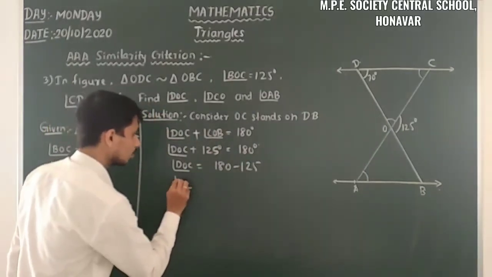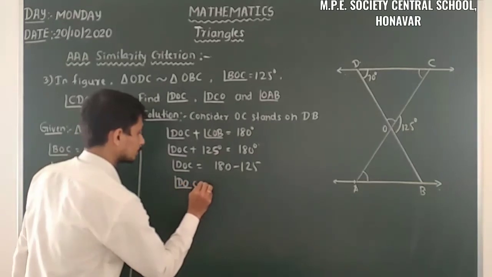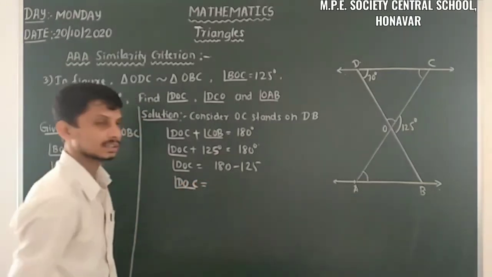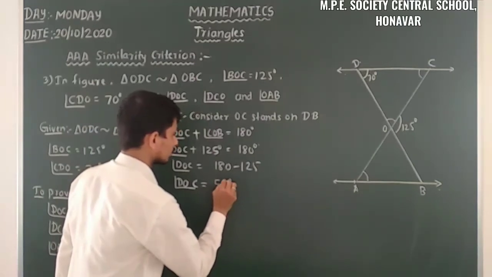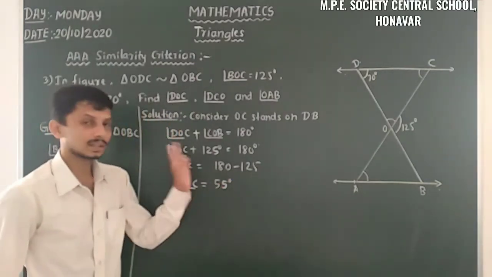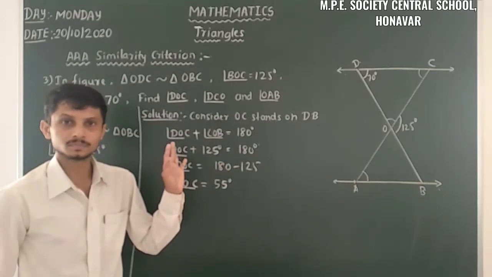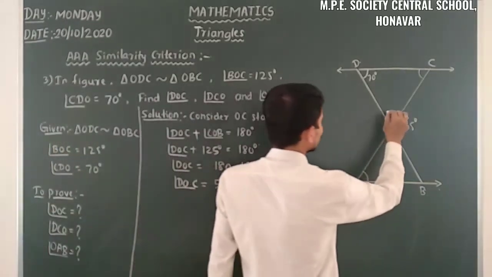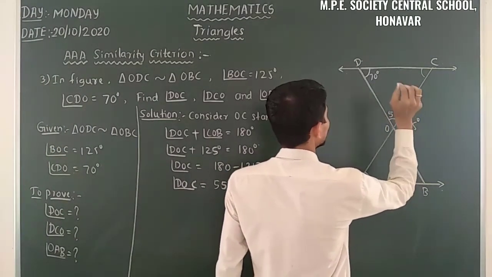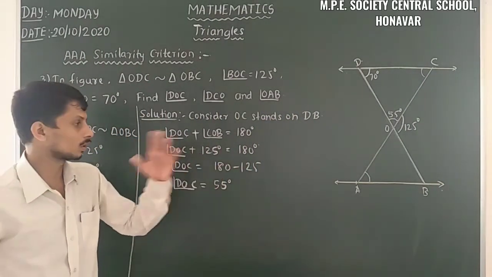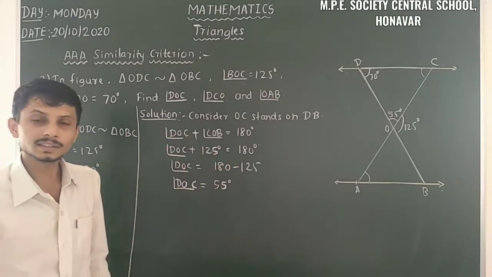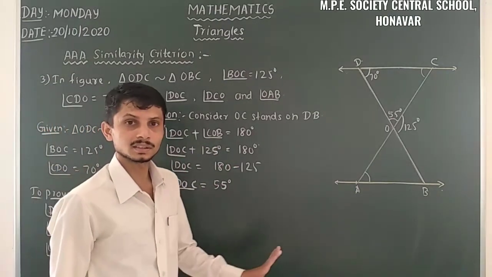Angle DOC is equal to 55 degrees. So the value is 55 degrees. I think you got that one. Let us move on to the next solution.